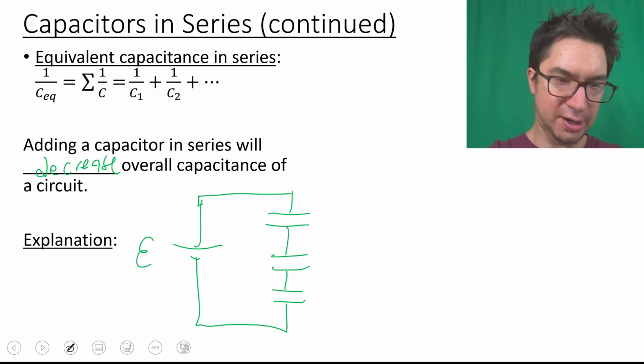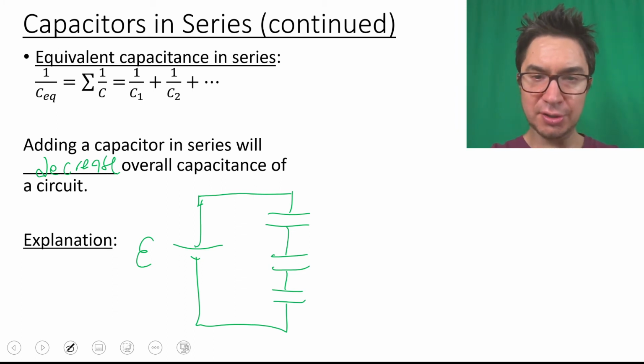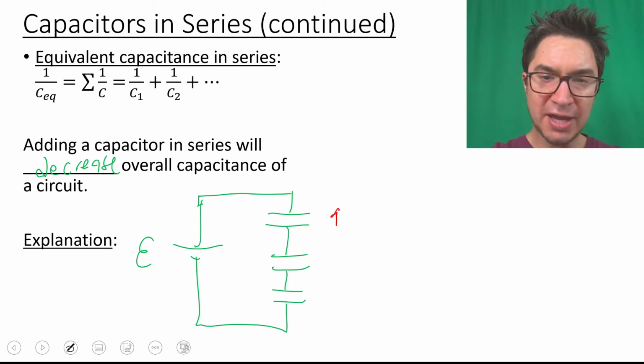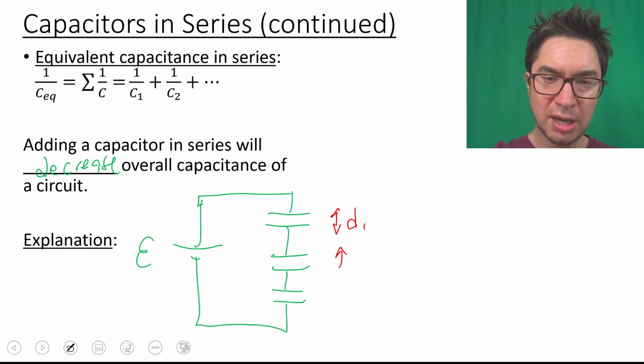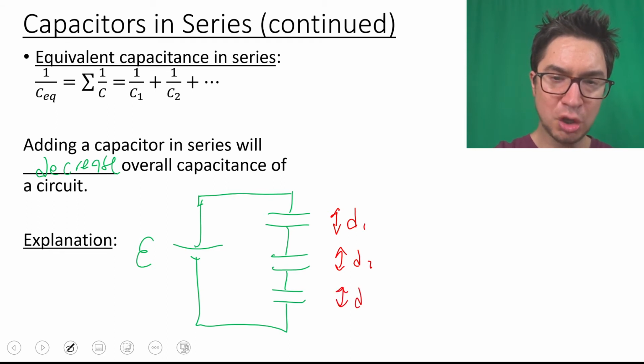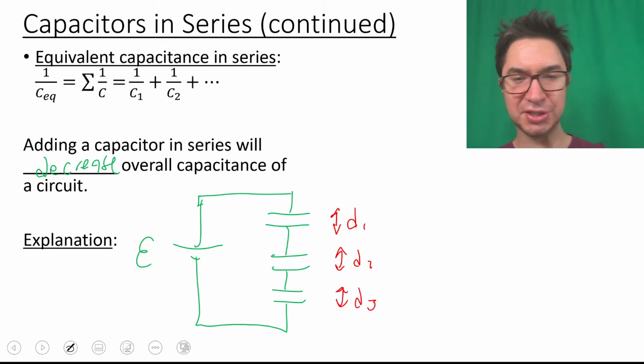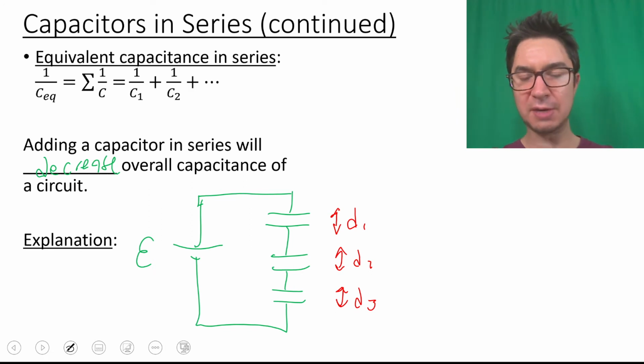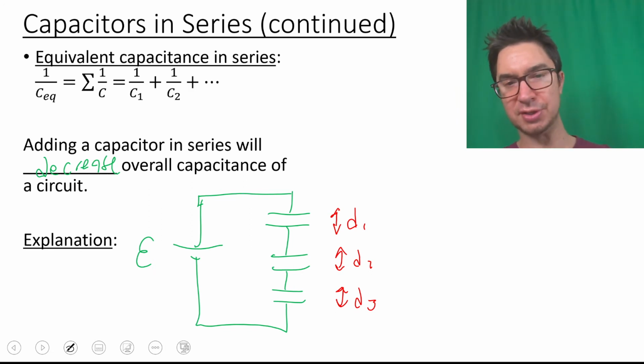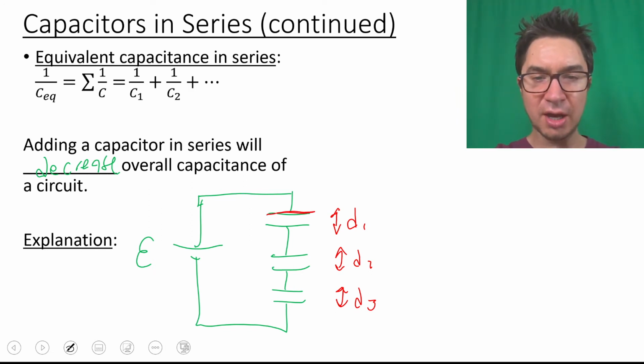What we've done by adding capacitors in series is provide extra distance. If we call this distance D1, this distance D2, and this distance D3, we're adding extra distance between the capacitor plates by adding them in series. But the area of the capacitors has essentially stayed the same.